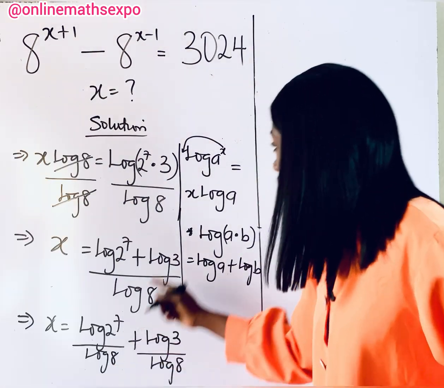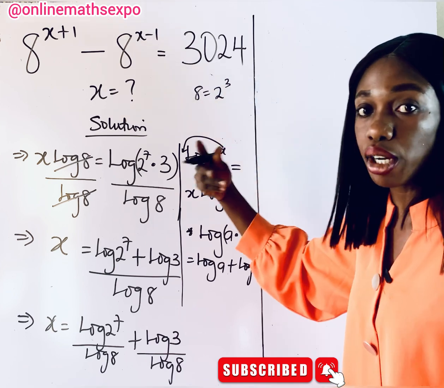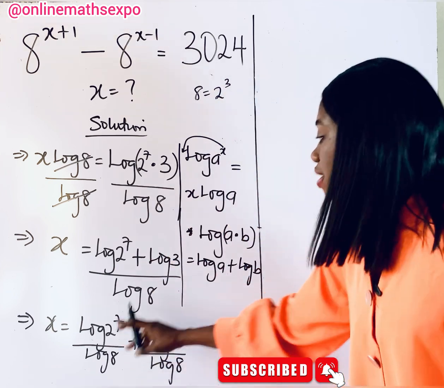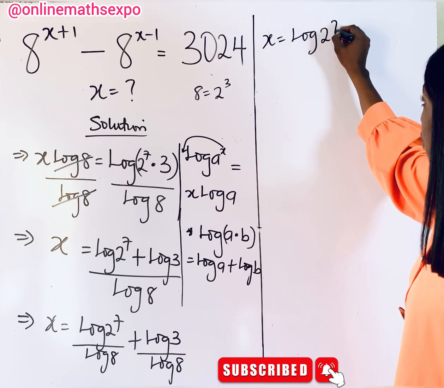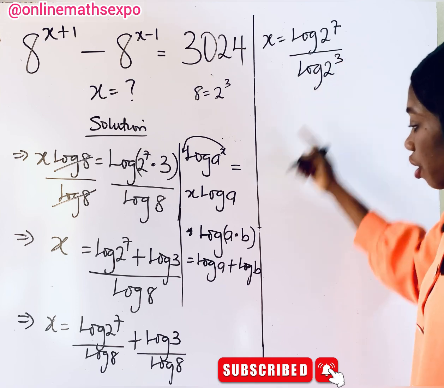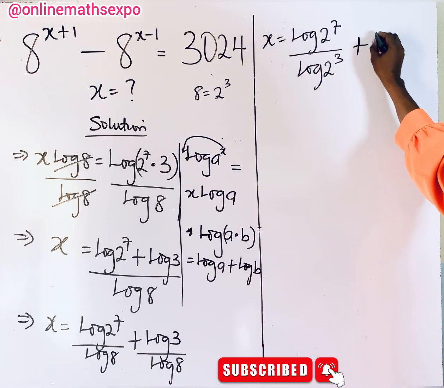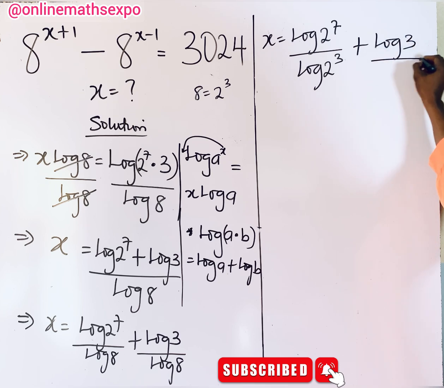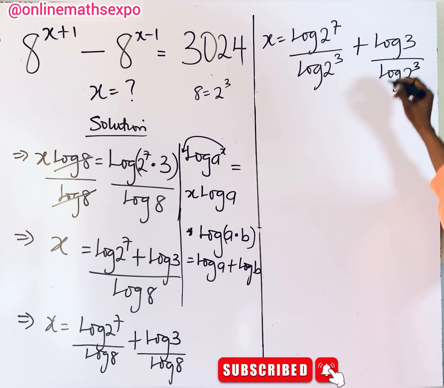Remember, for 8, like we said, 8 is 2 to the power of 3, okay? 2 multiplied 3 times. So let's apply it here. We have x is equal to log of 2 to the power of 7 all over log of 2 to the power of 3 for this 8, okay? Now we're going to have plus log of 3 all over. For 8 also, we have log of 2 to the power of 3.